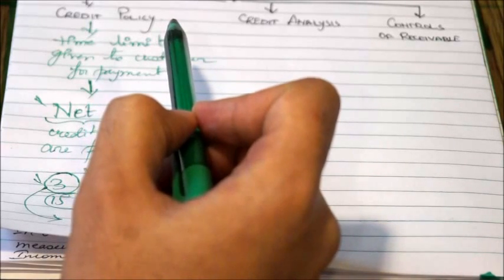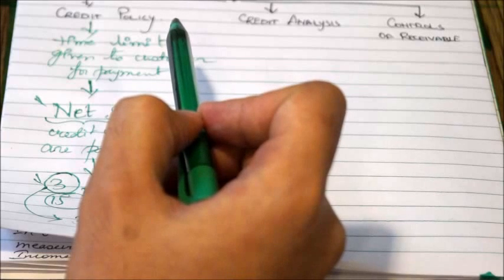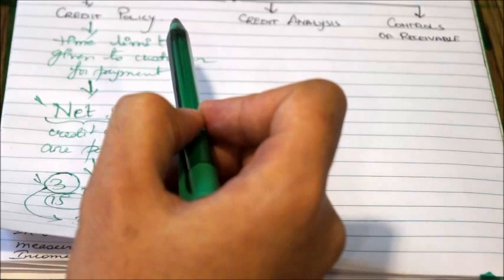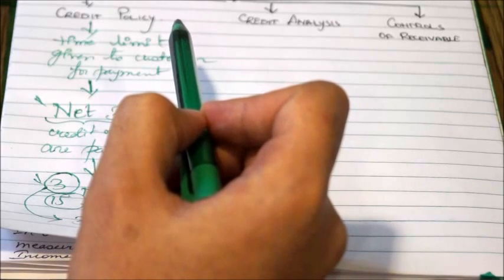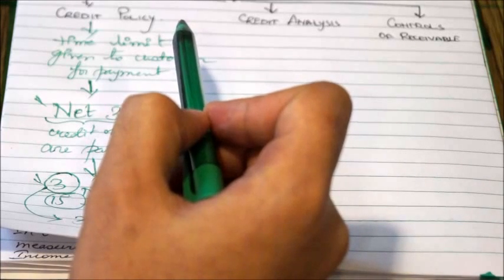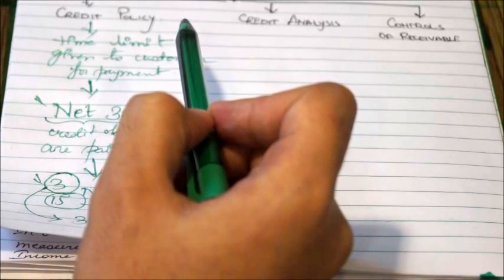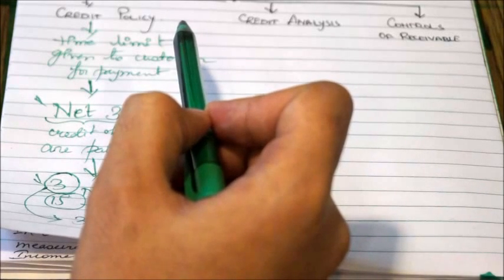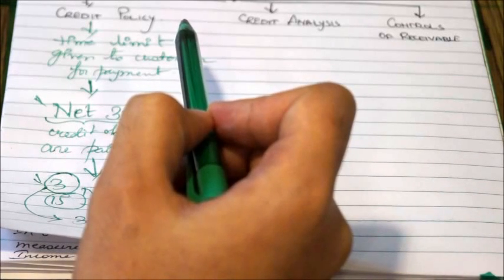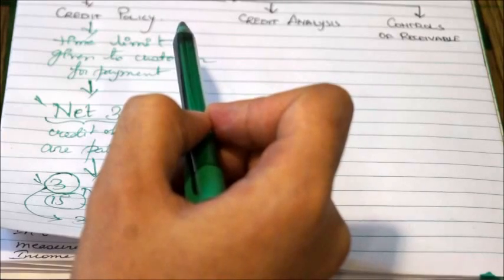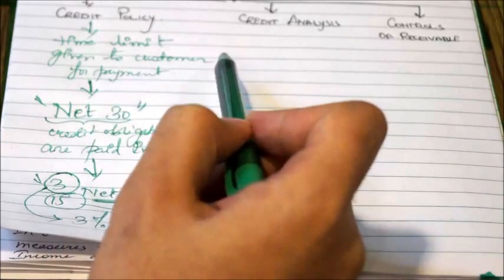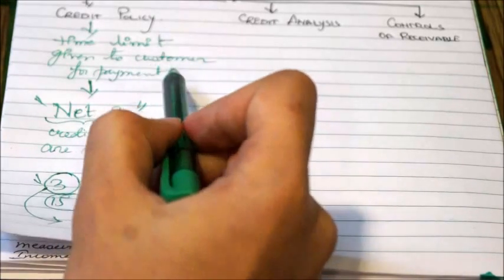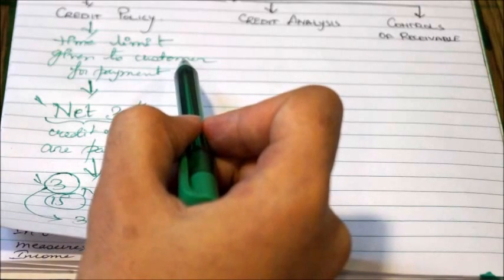Because a credit policy is nothing but a trade-off between profits on the additional sales, because since you're giving more credit period, more customers will come to you. Your profits will increase because there are additional sales arising due to the extension in the period. On the other hand, because your sales have gone up, your risk of bad debts with your customers has increased.